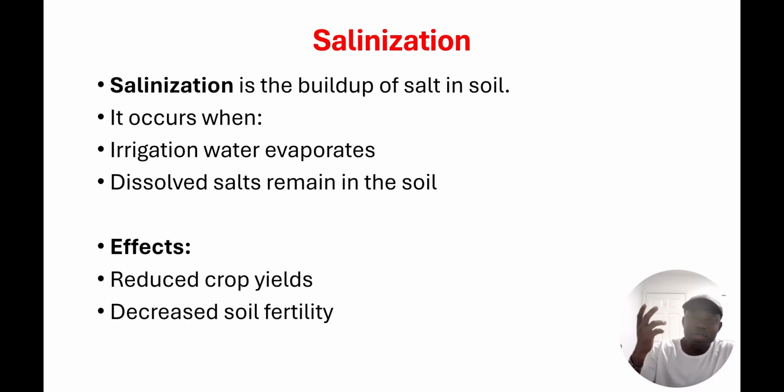The water is gone, leaving a lot of salt in the soil, which causes salinization. The effect is reduced crop yield and decrease in soil fertility. So a good soil must have a balance of high and low salts. When there is too much salt in the soil, it reduces the crop quality.